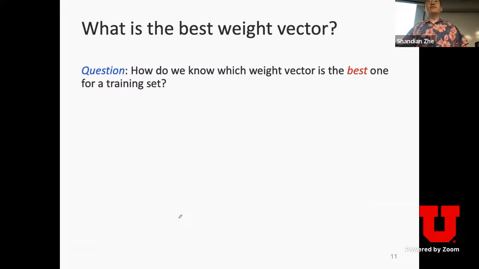Any thought? What kind of criteria should we use to check if some weight vector is good or not, or best as compared with other possible weight vectors? Any thought?